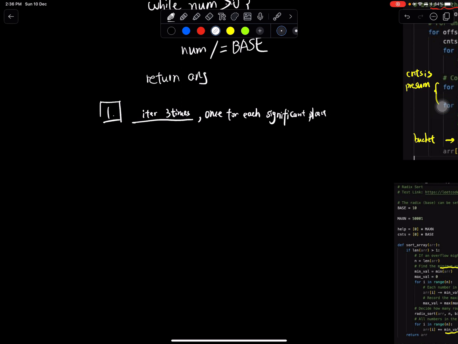Sort the elements based on tens place digit, then sort based on hundreds place digits. Then finish, and the array is now in ascending order.